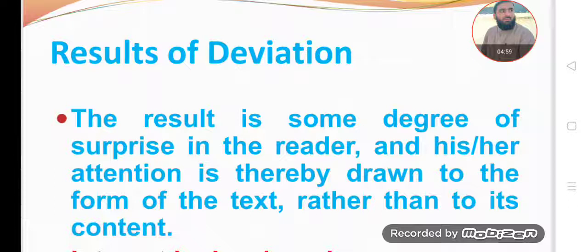This deviation is brought for the purpose of the reader's attention. So the writer's focus in deviation is not on the content, on the message, but on the ways in which it is conveyed to the reader.